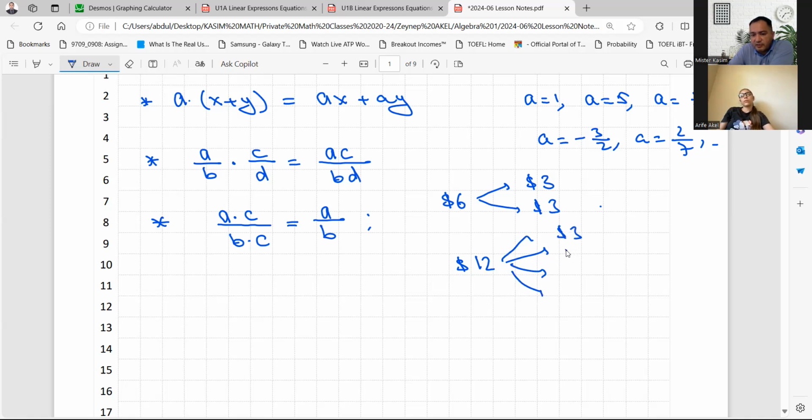So this guy gets $3, this guy gets $3, this guy gets $3, $3, right? So what does it mean? It means that if you divide 6 by 2, each person gets $3. If you divide 12 by 4, again, they get the same dollars.